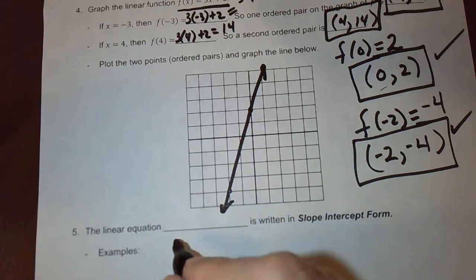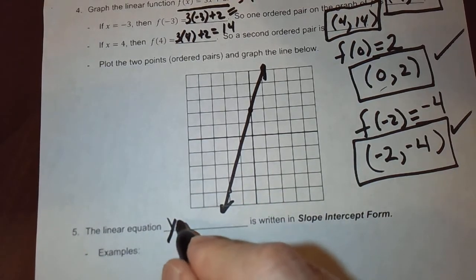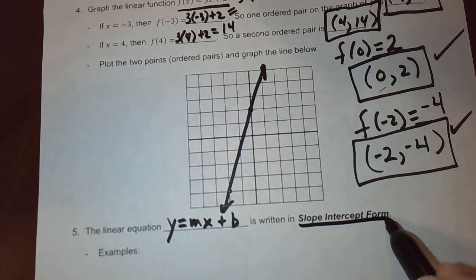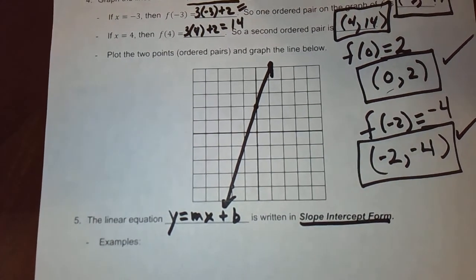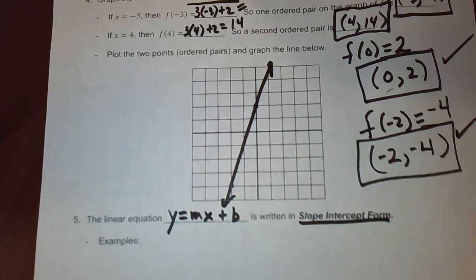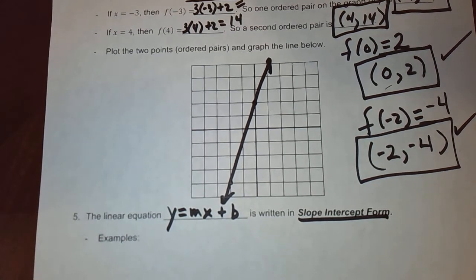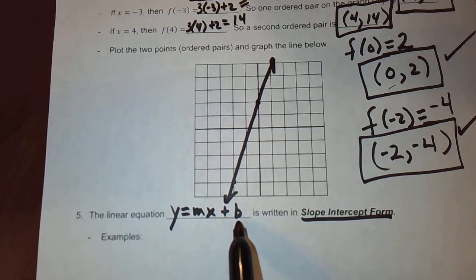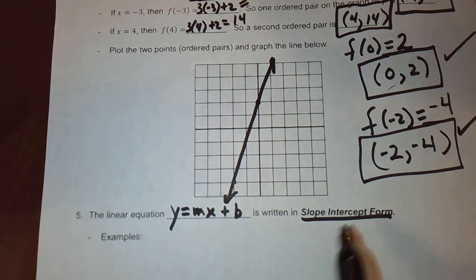The linear equation y equals mx plus b is slope-intercept form. That's probably what you remember. That's probably the equation that you will never forget. The m is the slope and b is the y-intercept. That's why it's called the slope-intercept form.